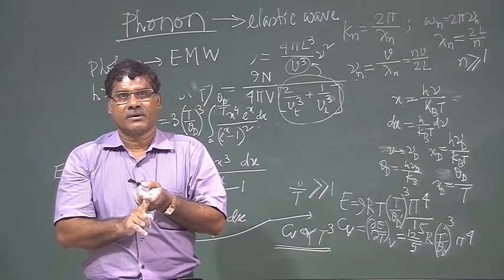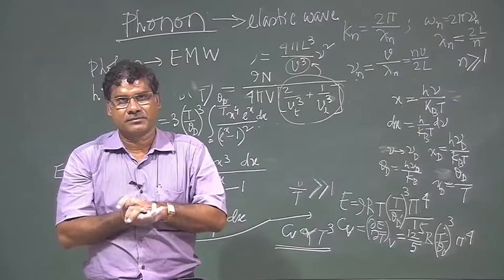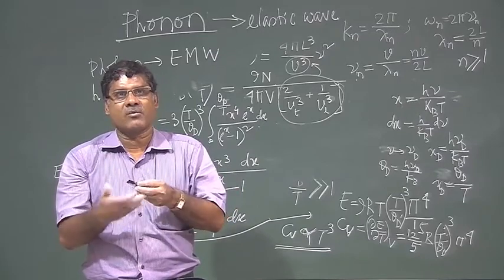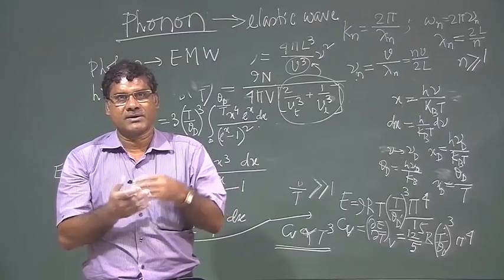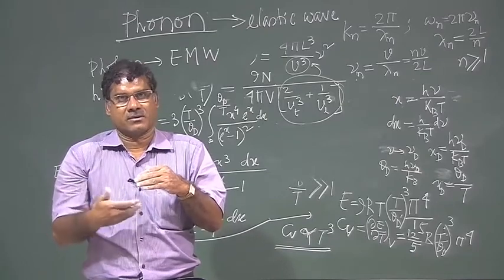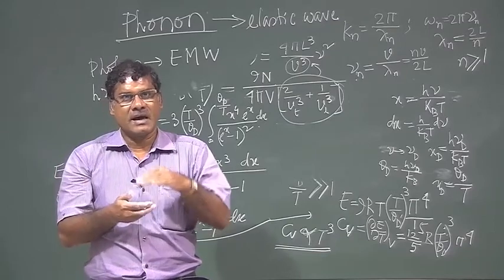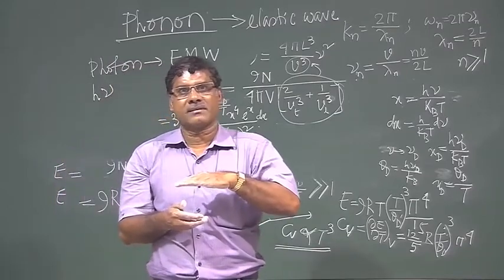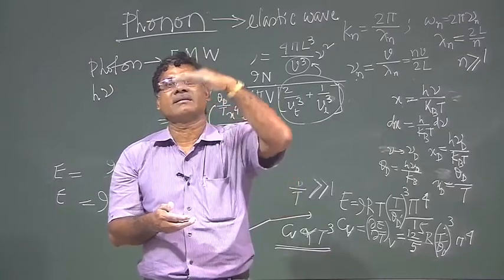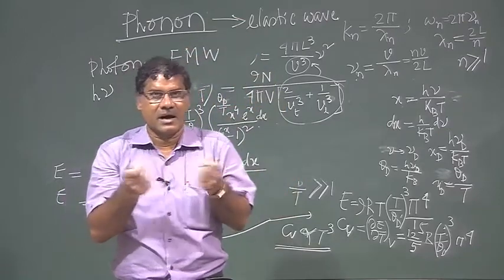Now, in the ground state its energy may be h nu, because its frequency cannot be changed, but when it is thermally excited due to external excitation, that mode can go to a higher energy level. So, that higher energy level, as I told, is like a harmonic oscillator.